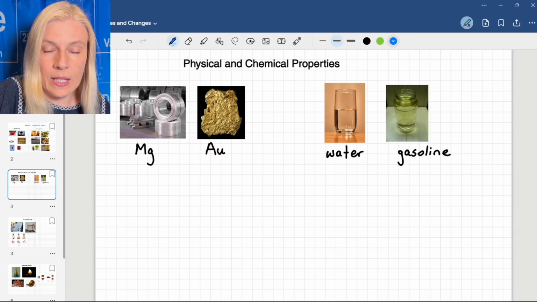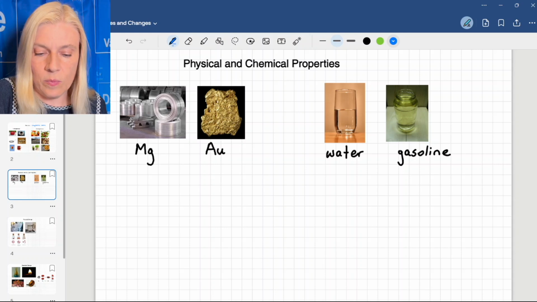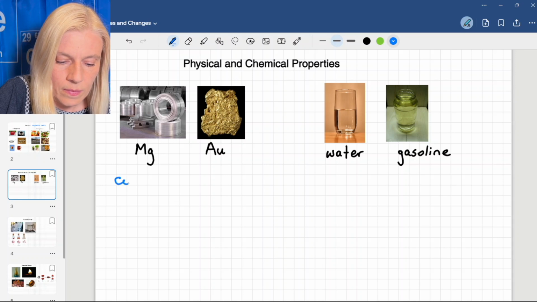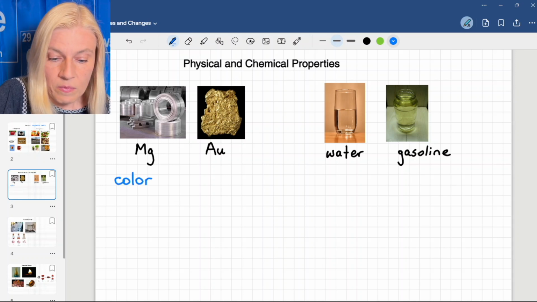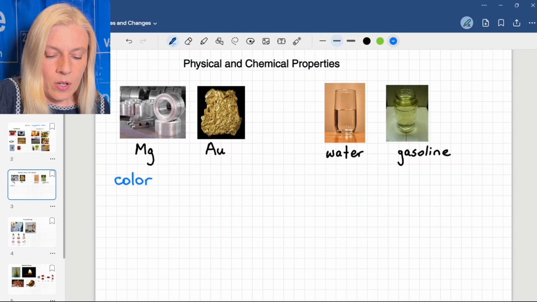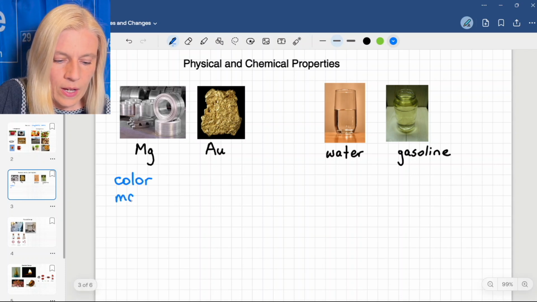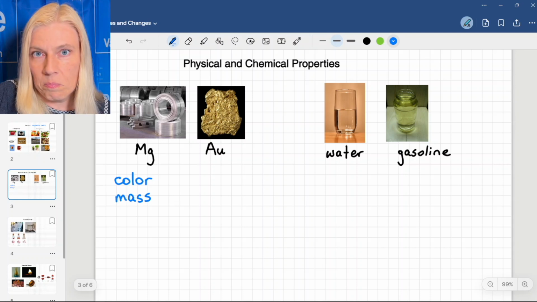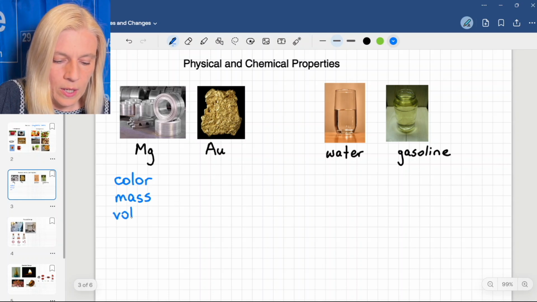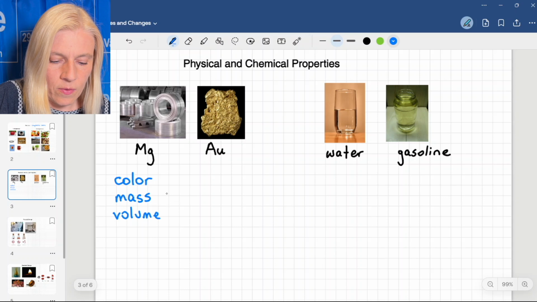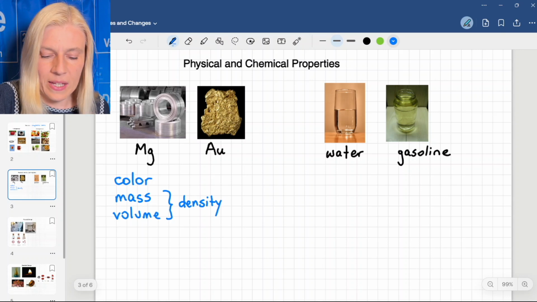So let's think about this. One of the things we can use to distinguish magnesium and gold is color, right? And also we can talk about mass and the volume it takes. So if I do mass over volume, I'm going to know the density of a metal.